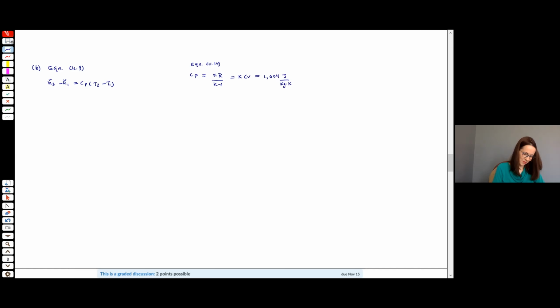All right, so coming back over here now, we've got C sub P is 1,004 joules per kilogram Kelvin times our temperature difference of 453 K minus 353 K. So this gives us 100,400 joules per kilogram.